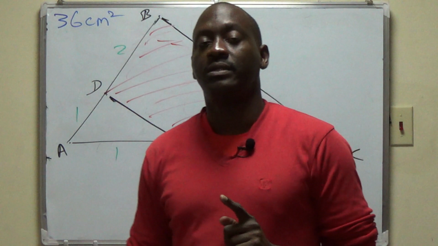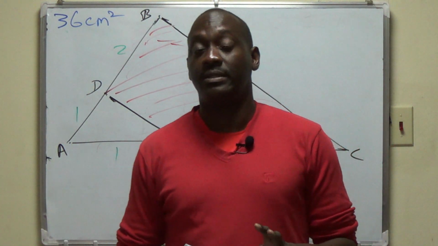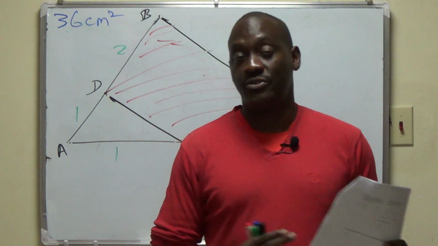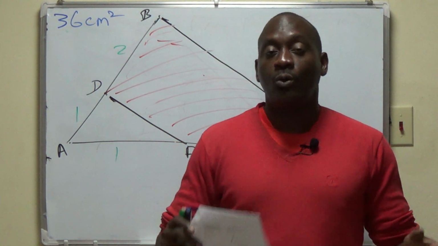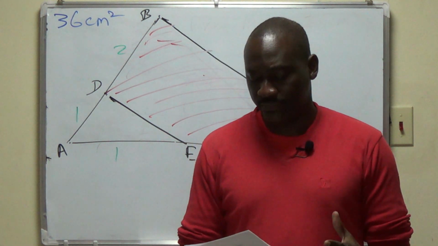So in other words, being that these two triangles are similar triangles, the ratio of the corresponding lengths would be 1 to 3. How do we use that fact to deal with the whole question of area?